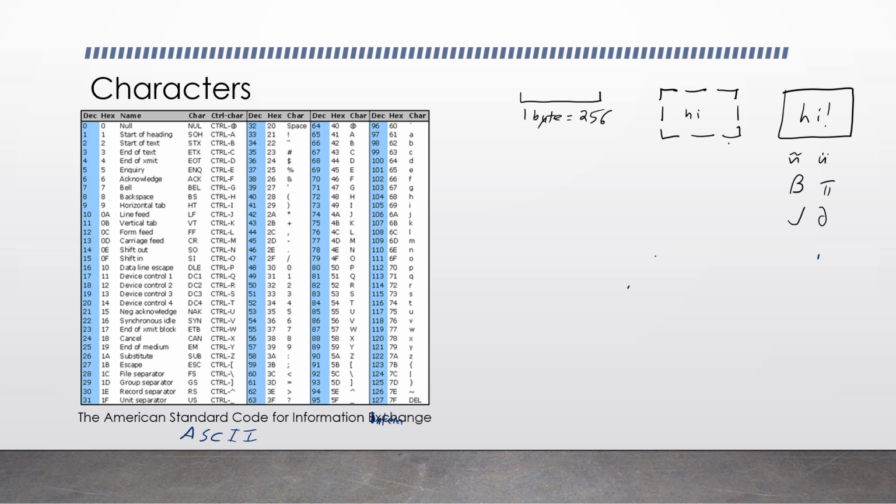So there were all sorts of things in the Apple extended ASCII that were quite useful for expressing international and mathematical concepts, but they weren't compatible between the IBM version and the Apple version.